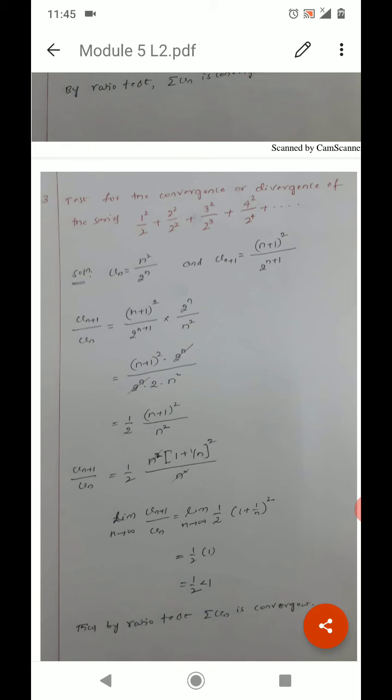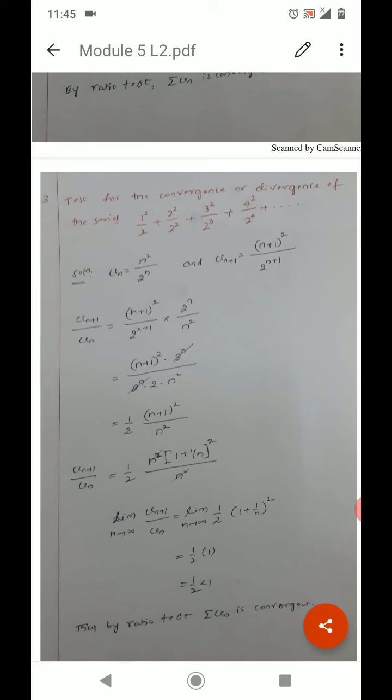So from numerator and denominator we cancel 2 power n, which is equal to 1 by 2 into (n+1) whole square divided by n square. Again, from the numerator taking n square outside, that will become n square into (1 + 1/n) to the power 2 divided by n square. So here also n square gets cancelled from numerator and denominator.